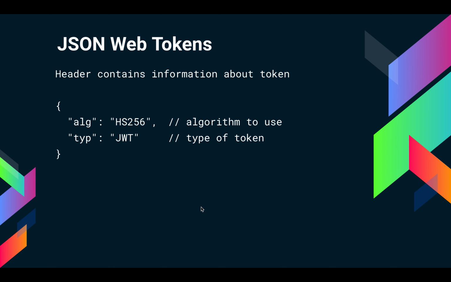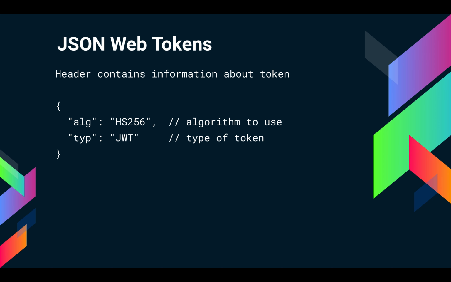The header contains information about the token. So the algorithm used to encrypt that data, in this case, is HS256, which is HMAC SHA 256. It's a slightly shortened version of a longer acronym. The type is JWT.